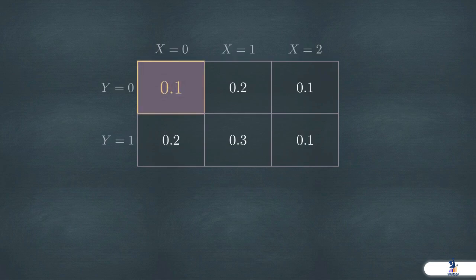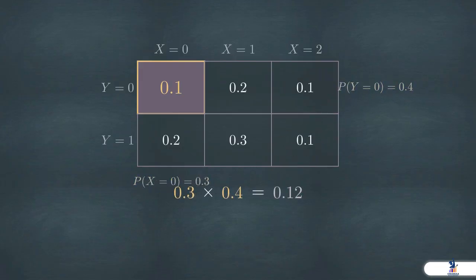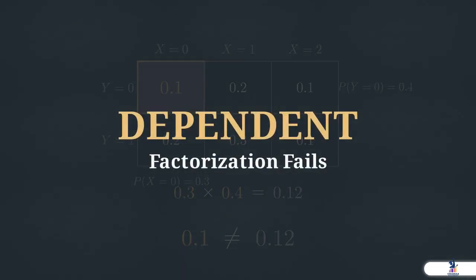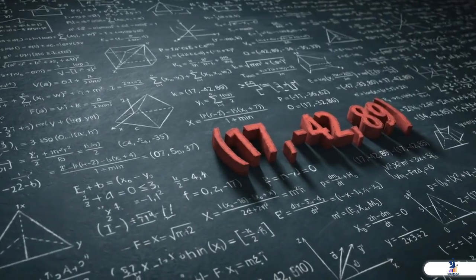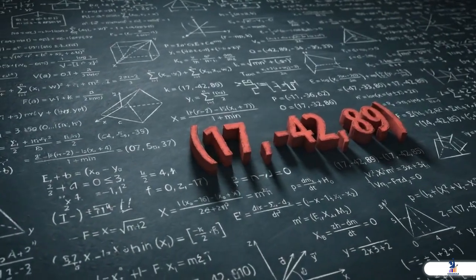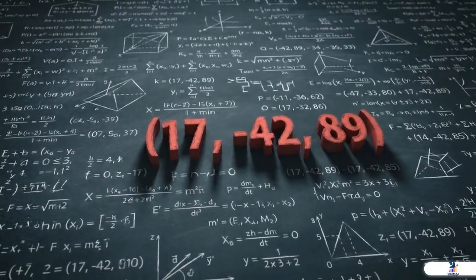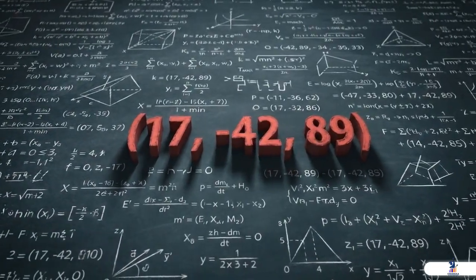We then multiply its individual marginals. 0.3 times 0.4 yields 0.12. 0.1 does not equal 0.12. The factorization fails. A single mismatched data pair anywhere in the entire matrix is mathematically sufficient to disprove independence for the whole system. These variables are dependent.